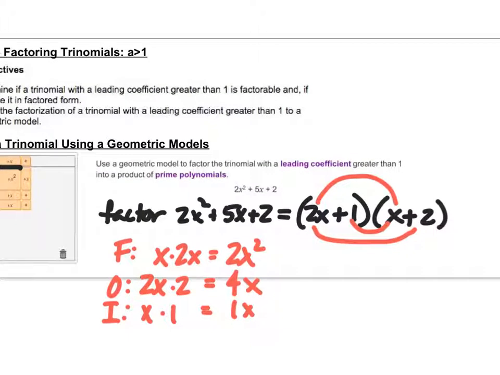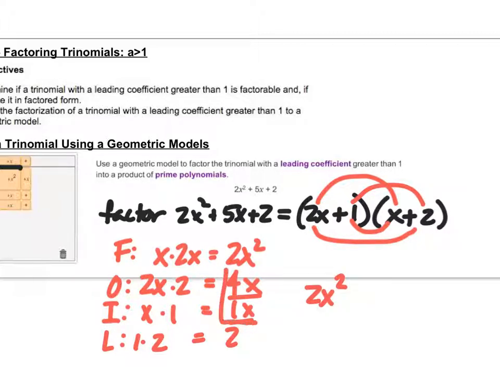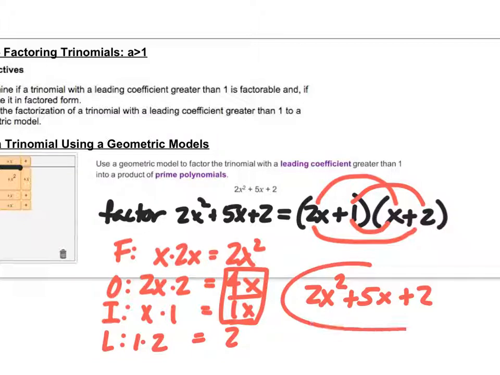And then the last one, 1 times 2, which gives you just 2. If we added these together, you'd get 2x squared, and these two you can combine as like terms to get a positive 5x, and then plus a 2, which matches the same thing that you've got right here. So that's the idea of using the geometric models.